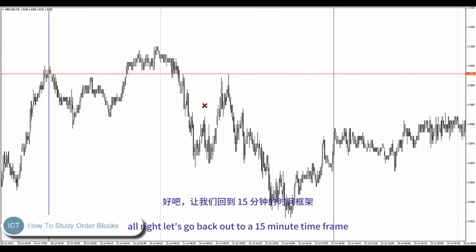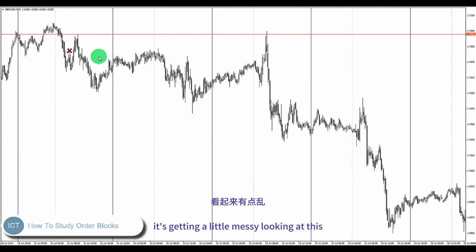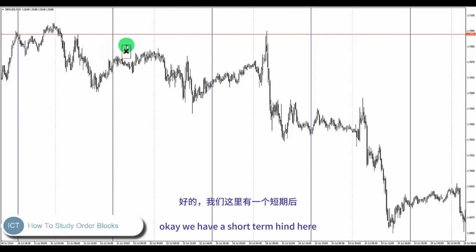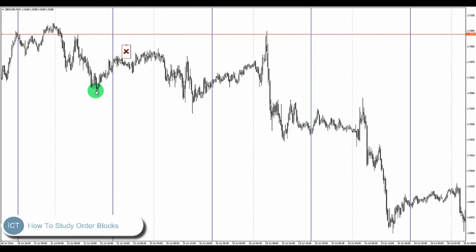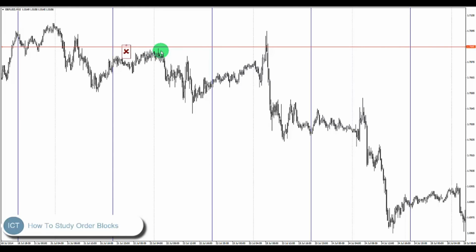All right, let's go back out to a 15-minute time frame. It's getting a little messy looking at this. Okay, we have a short-term high in here, range, order block right there, fell just short of it in here, so no trade early in Frankfurt.